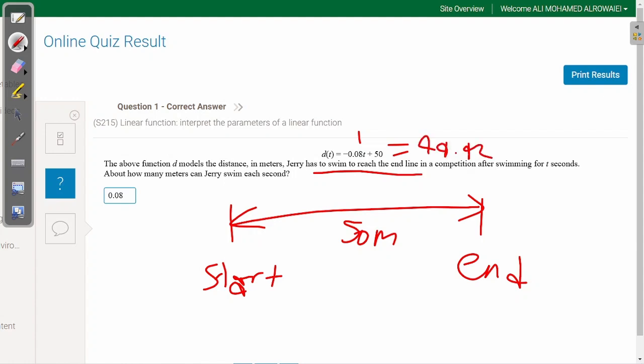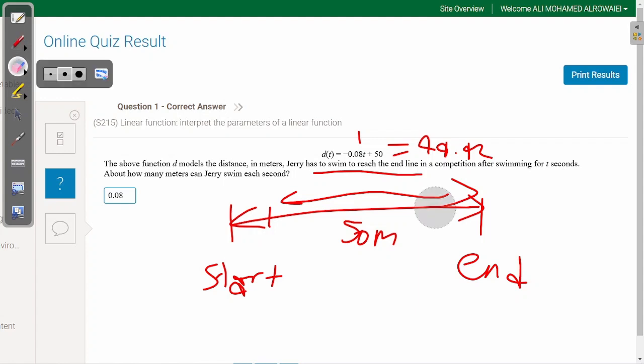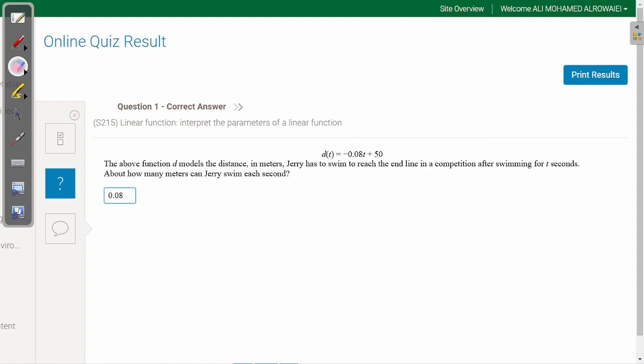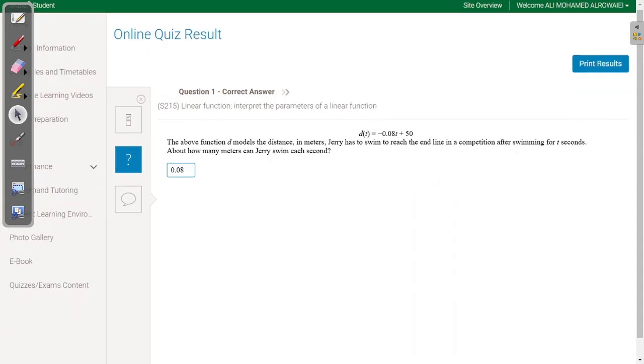So he will be like here, and it will be 49.92 meters until he reaches the end. And then if you do it more, like 49.84 and so on, so each second he moves 0.08 until he gets closer and closer to the finish line. So it's not negative 0.08 because they're trying to trick you.